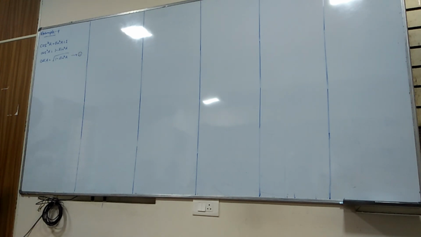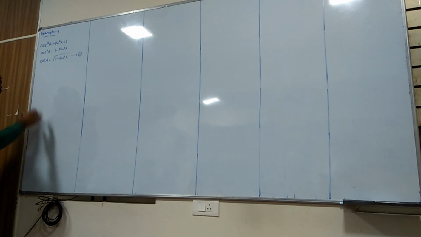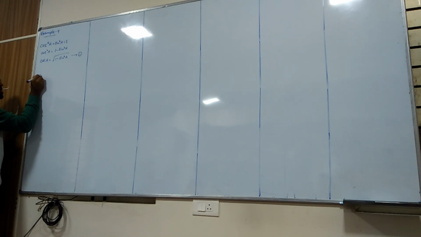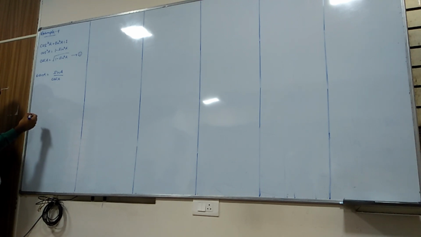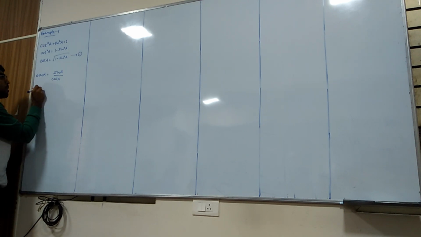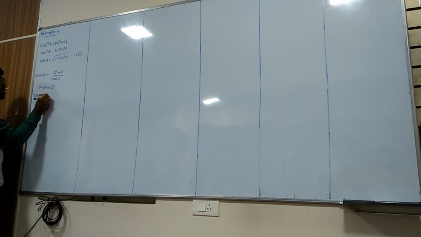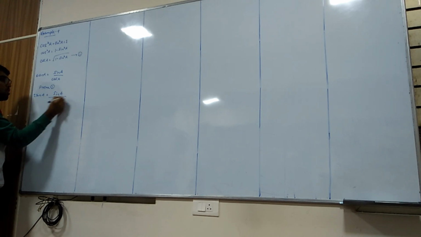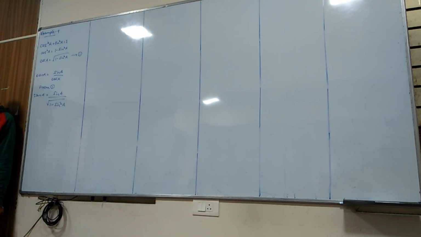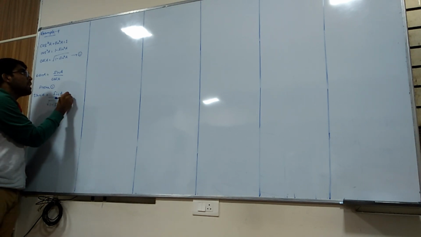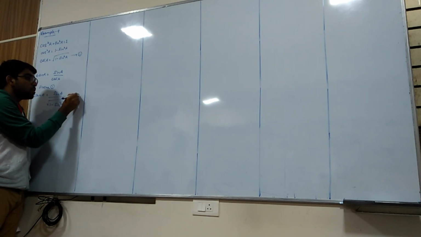Next, what have they asked? They have asked tan. We know tan A is sin A by cos A. So from 1, tan A can be written as sin A divided by root of 1 minus sin square A. I'll take this as equation number 2.